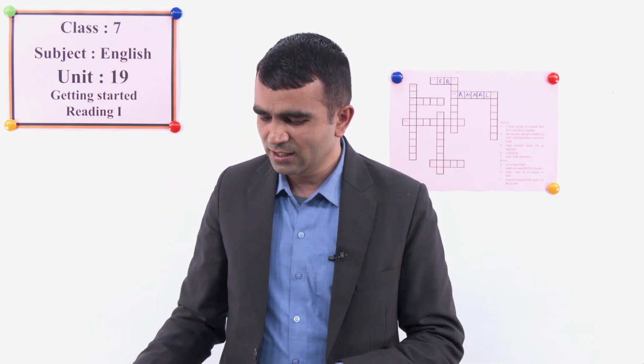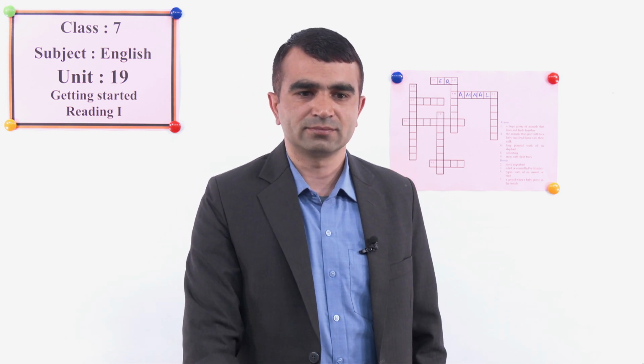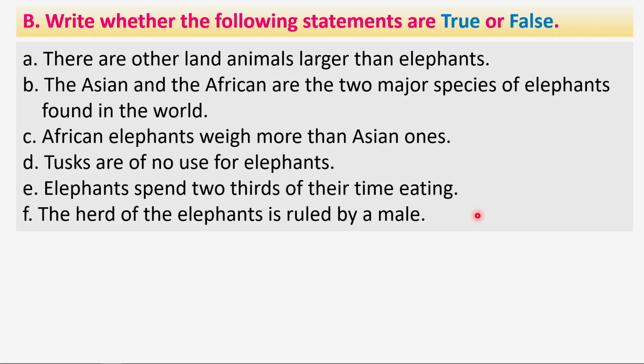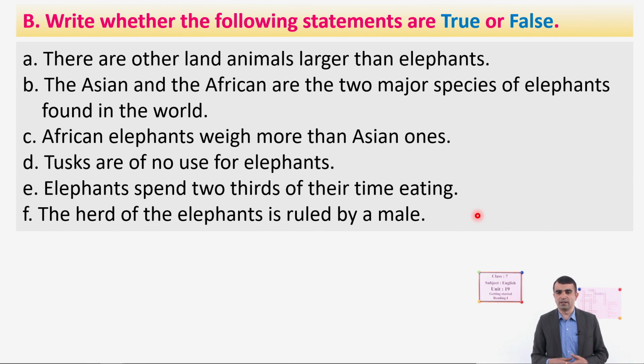Now next we will go to another. Write whether the following statements are true or false. Activity B. There are other land animals larger than elephants. True or false? Obviously false, we have read in the beginning.